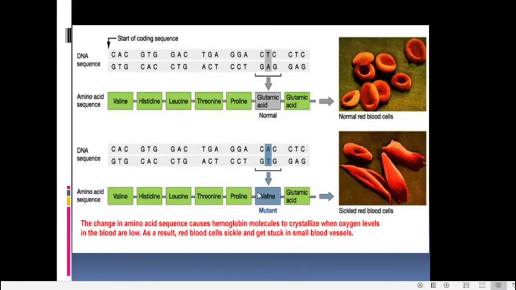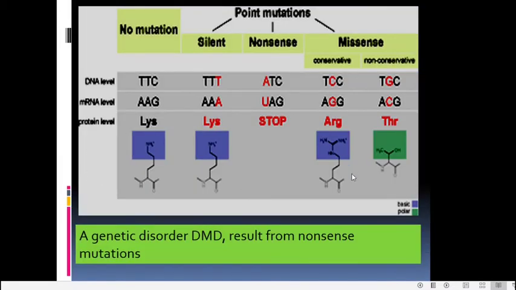So when we go to sickle cell anemia again, you can see that glutamic acid has been replaced by valine. So for missense mutation, we saw sickle cell anemia. For silent mutations, we cannot see any phenotypic changes.